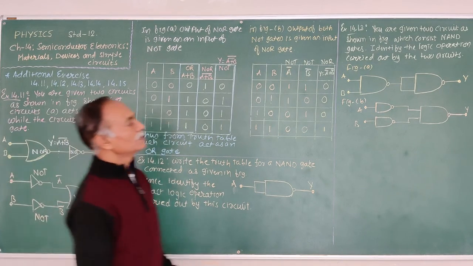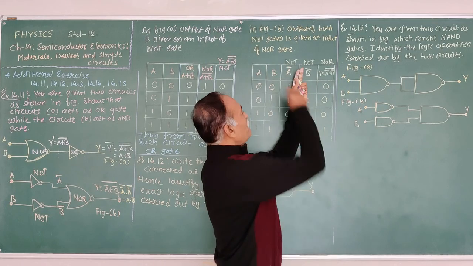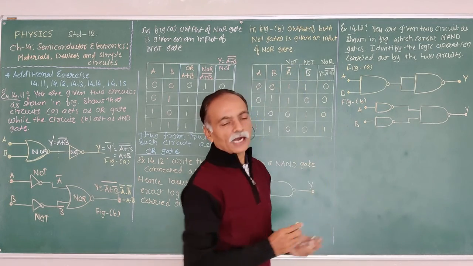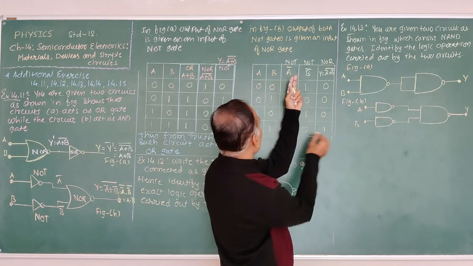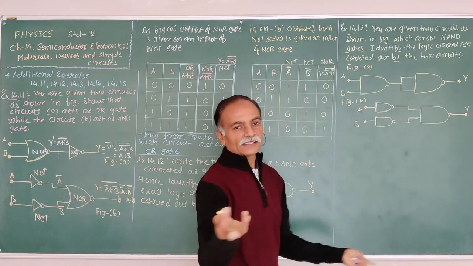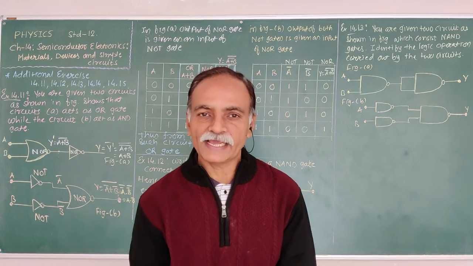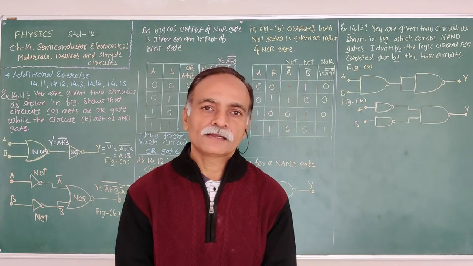Okay, now forget these two. Compare to the original input and the final output. Now here we obtain 1 only when both inputs are 1. That is the characteristic of an AND gate: 1, 1, 1.